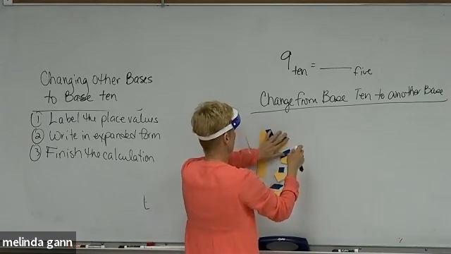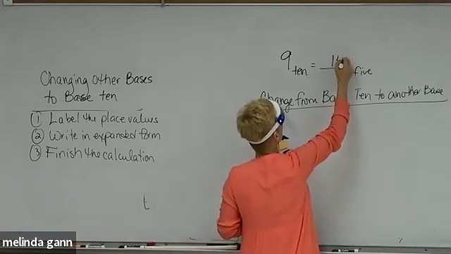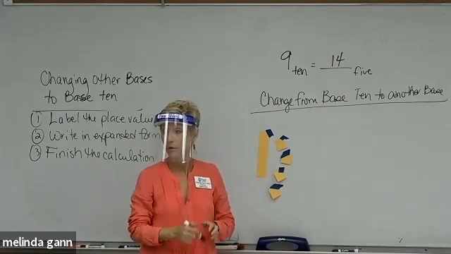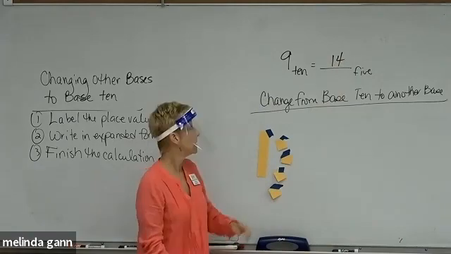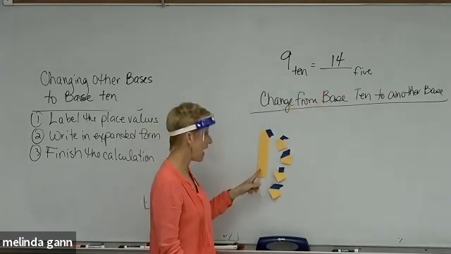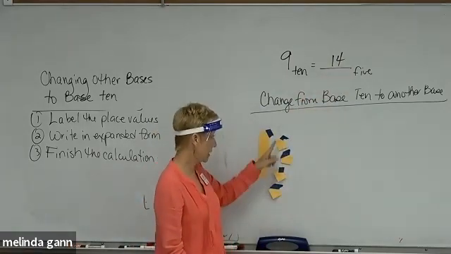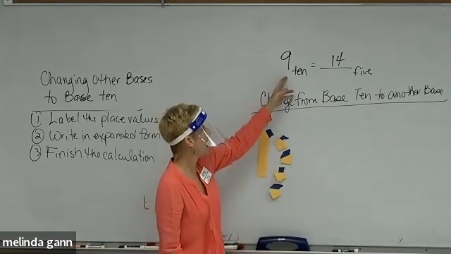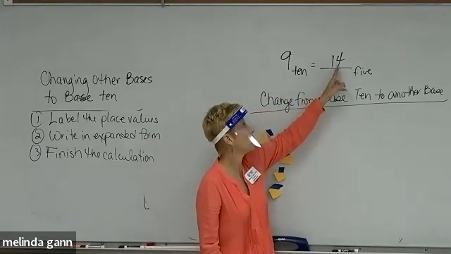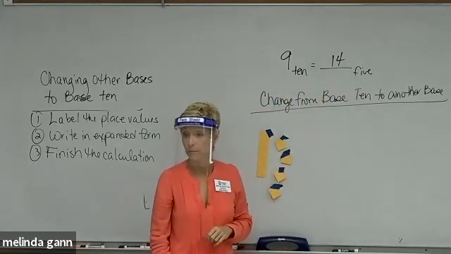Mm-hmm. I'm going to have a 1, 4. Now, why? Because that's 1 rod of 5 and 4 1s. So a 9 in base 10 is the same thing as a 1, 4 in base 5.